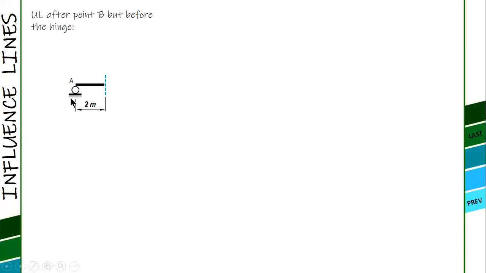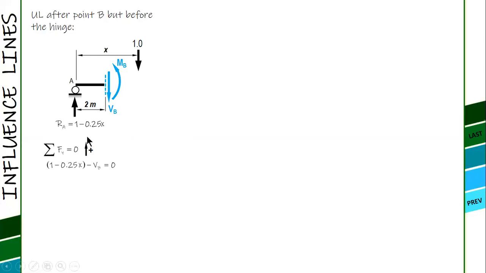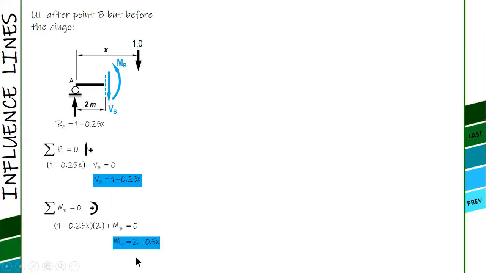So, use statics for VB, and then the upward moment gives your moment at B equation.